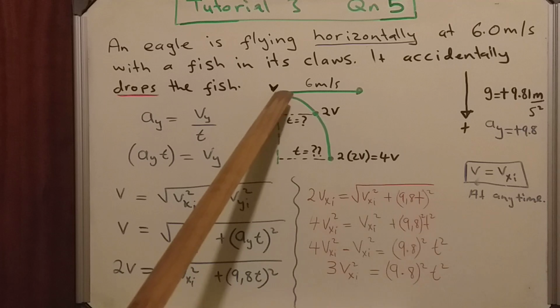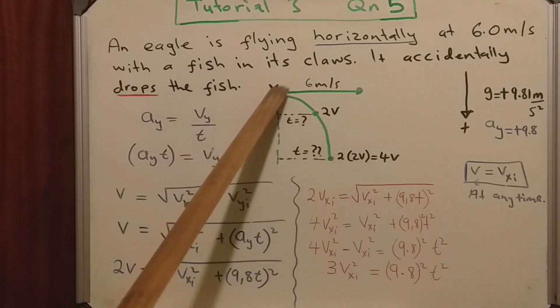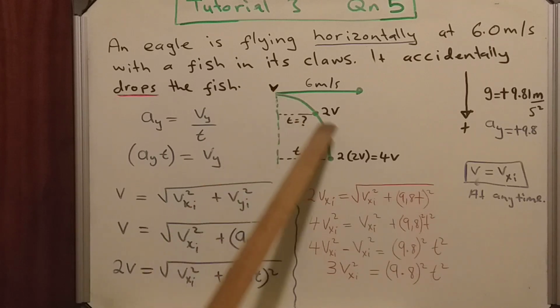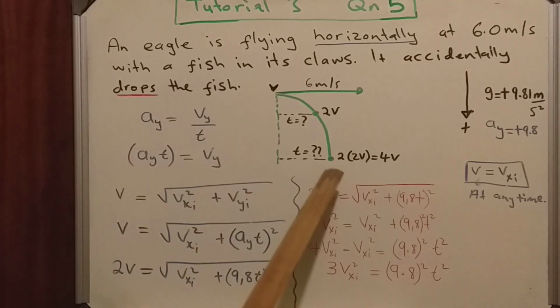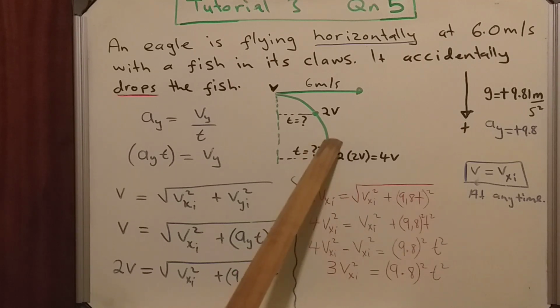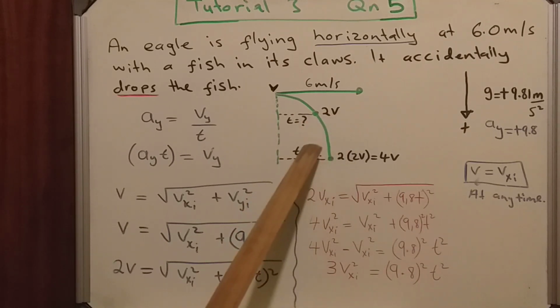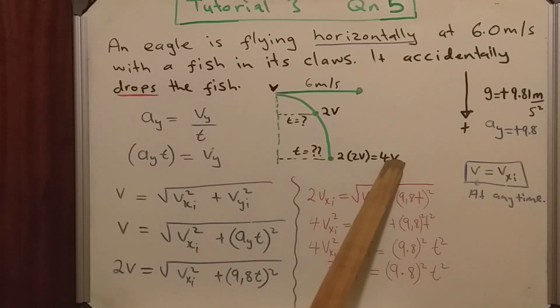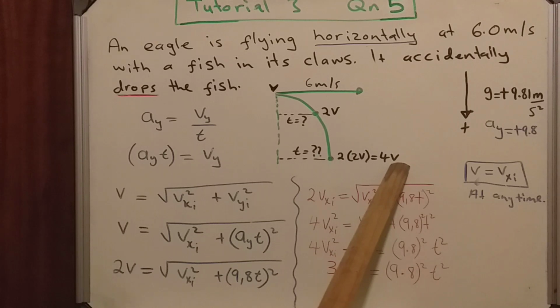However, the y component is going to change. Initially it was 0, but as time moves by it is no longer 0. It changes with time. So we want to find the time when the speed is double, and the time when the speed is double the one before, which is 4v.